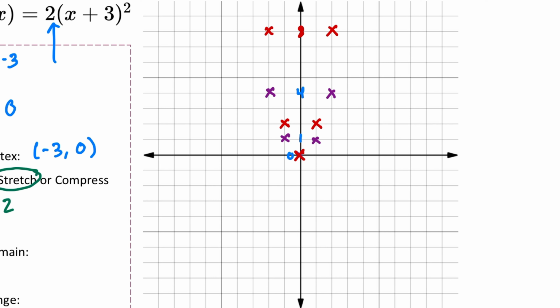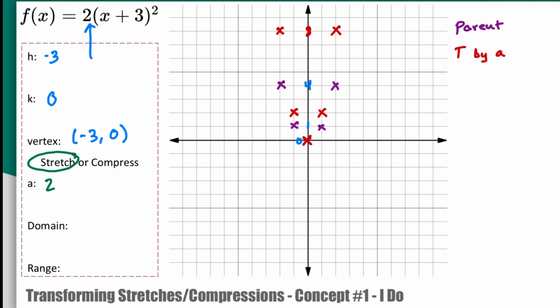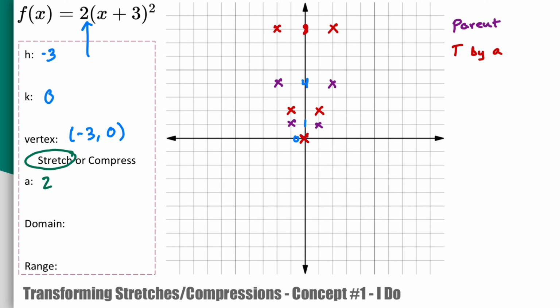So, let me label these colors. So purple is the parent function, and then the red is transformed by the A value. Okay, so all I did was take all the parent function points that we had, and I multiplied them by A. Now the next thing, I'm going to do this in green, is I'm going to do our vertical translation by our H value here.